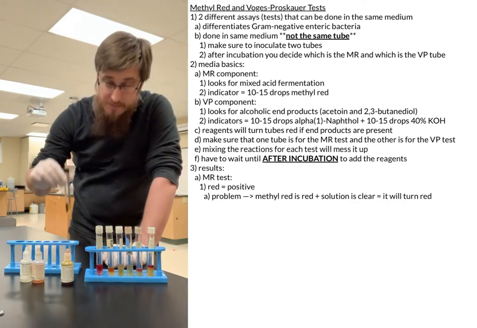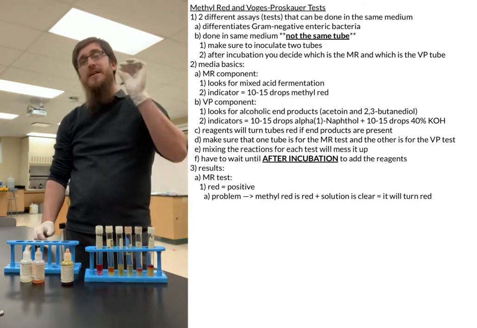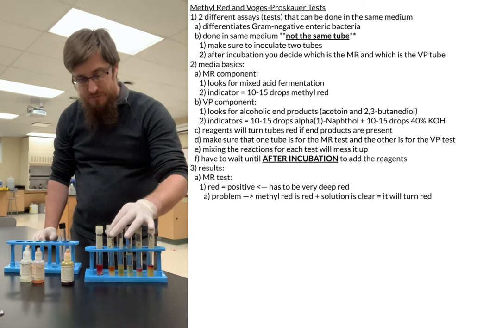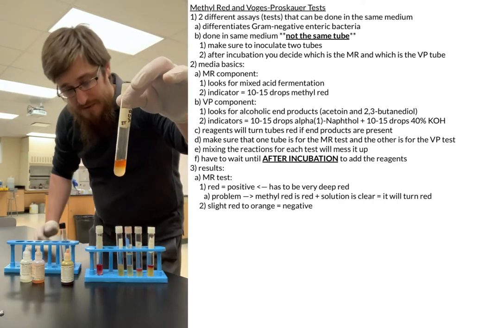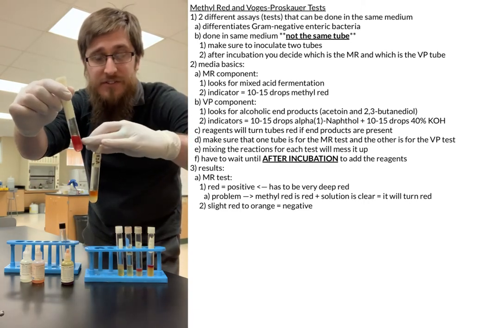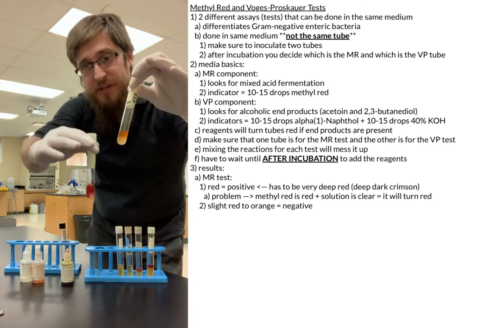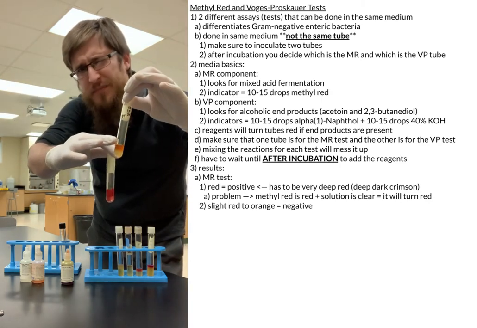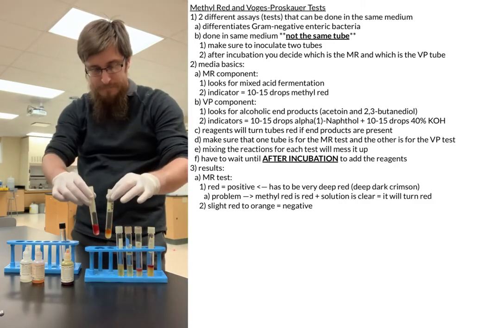So when it comes to scoring the MR tubes, it has to be very red. For example, this kind of red is a negative, whereas this kind of red is a positive. It has to be this really deep crimson red that we're looking at here. So again, kind of orangey, negative. Deep red, that's going to be your positive.